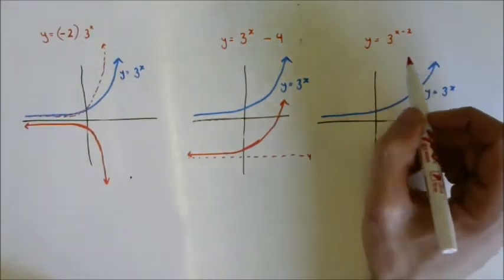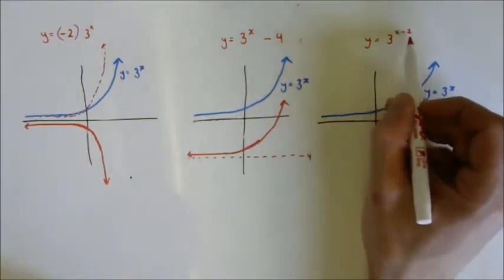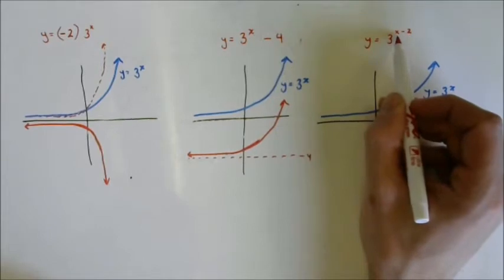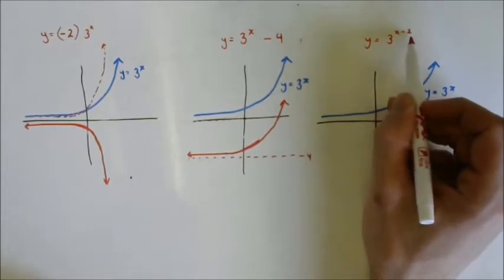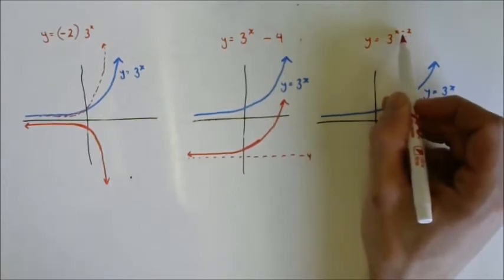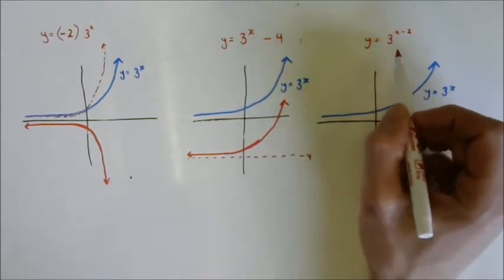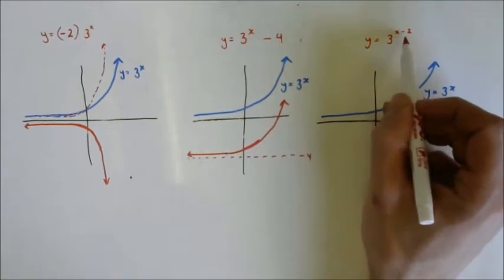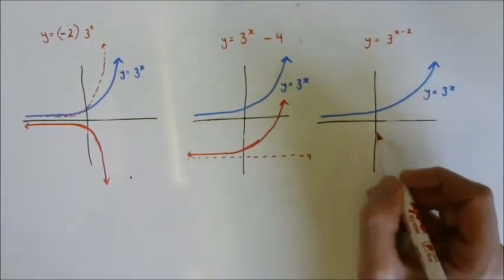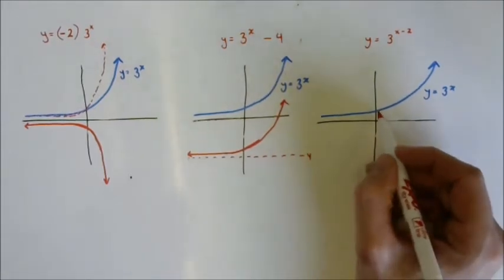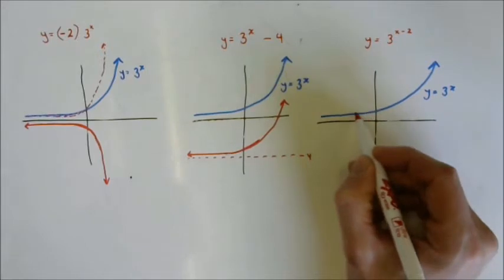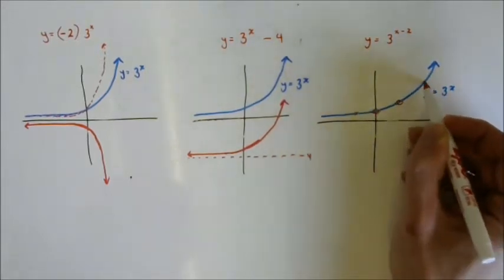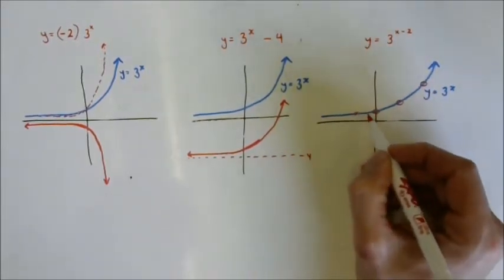And our last one, this transformation is just affecting the x, so it's a horizontal transformation. It's addition and subtraction, so it's just a moving of the graph left or right. This is going to be a horizontal translation 2 units to the right. So what I could do is take a few key points on this, let's say here and here and here and here, and I'm just going to move them over 2.